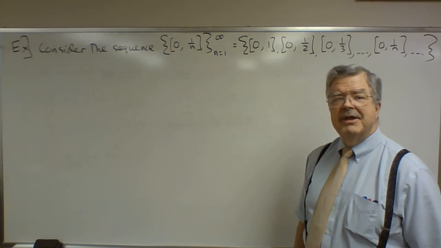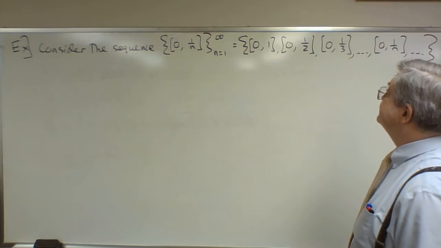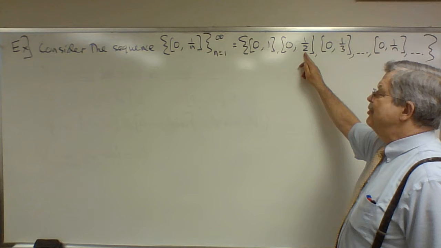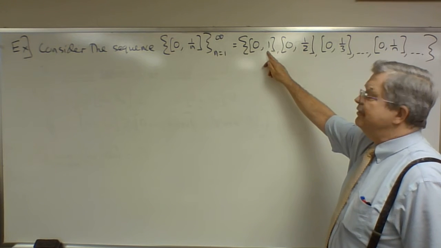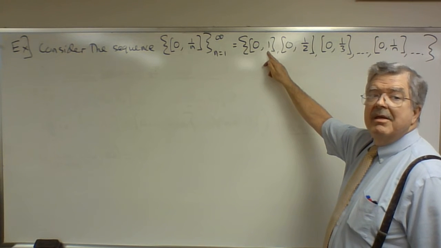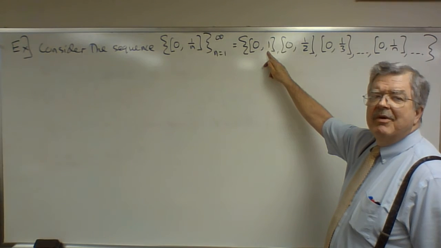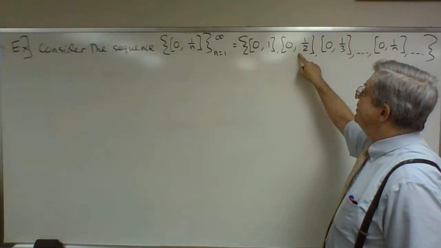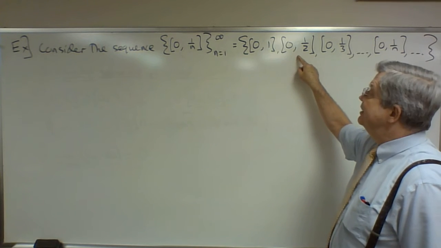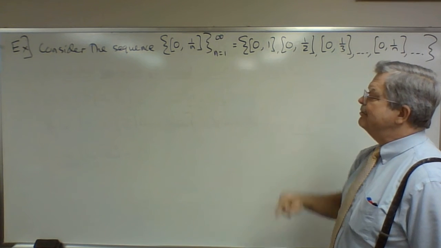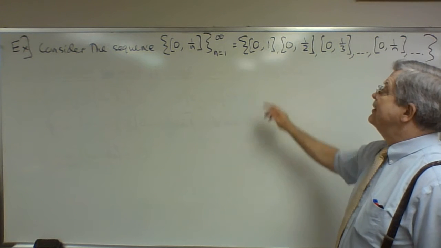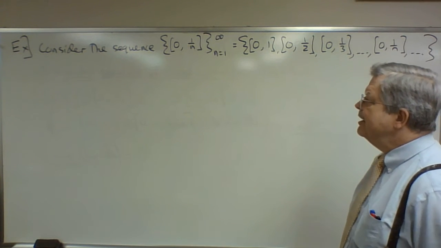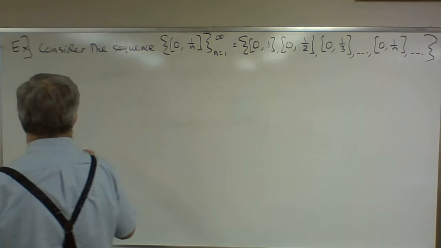Now, can we say the same thing about the right endpoint? Well, let's see. The right endpoint of every interval is less than the right endpoint of the interval that came before it. So every interval after the first is contained in its immediate predecessor, or each interval contains its immediate successor.